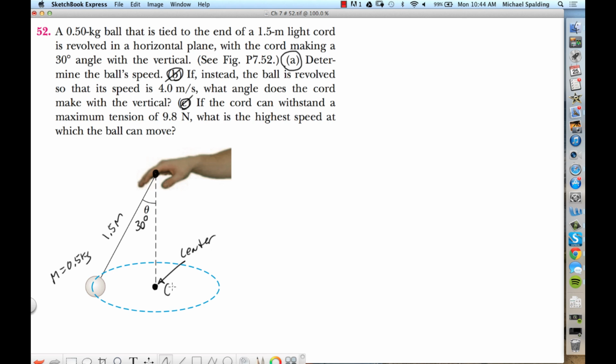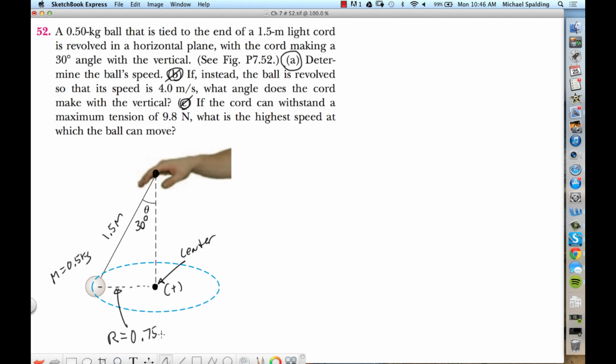Center of the circle is always positive, but what's this radius going to be? How do we solve for the radius of the circle? Trig. So the radius of the circle is going to be equal to sine 30 times 1.5 meters, which comes out to be 0.75. So the radius of the circle, we solve for it with trig.